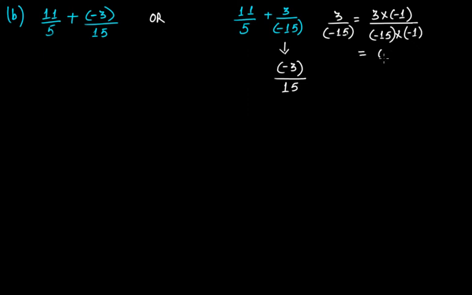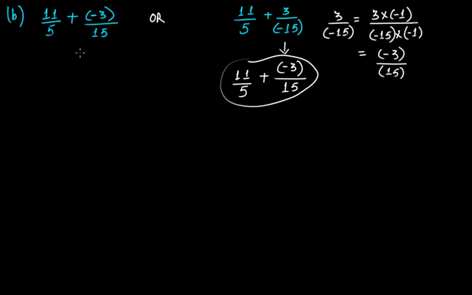So this becomes what? Minus 3 over 15. Minus 15 times minus 1 makes it plus 15, right? So now it is 11 over 5 plus minus 3 over 15. It's the same thing we have here. So always make sure that you don't have a negative sign in the denominator.